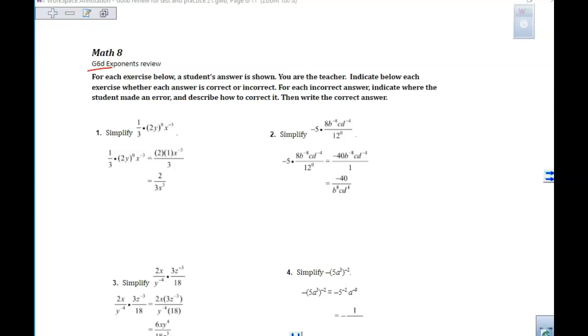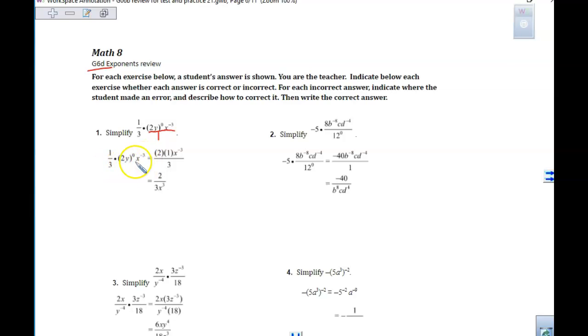So we're gonna take a look at question 1 together, because I just want to explain a couple things, and then we're gonna go to this quiz, okay? So, this says 1/3, and if you wanted to, you could put all of this over 1, right? Because 1/3 means 1's in the numerator and denominator, okay? So, they have this 1/3, this is what they did. 2y to the 0, x to the -3.